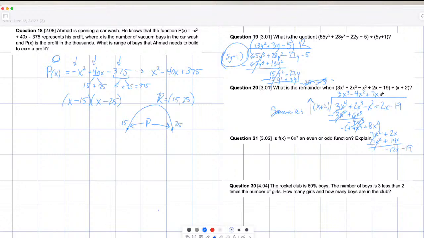And so we say minus 12, so minus 12x minus 24. And so we're going to subtract all of that, so these become positive. So then those go away. Negative 19 plus 24 is 5. And we just take 5 over x plus 2.